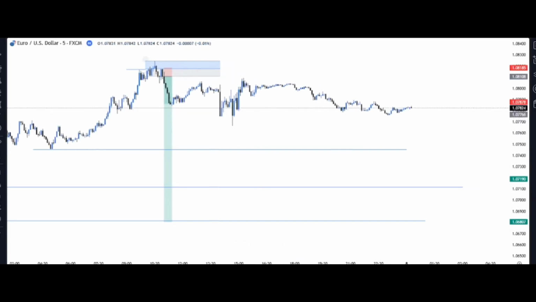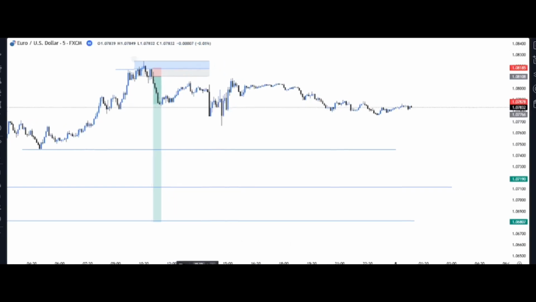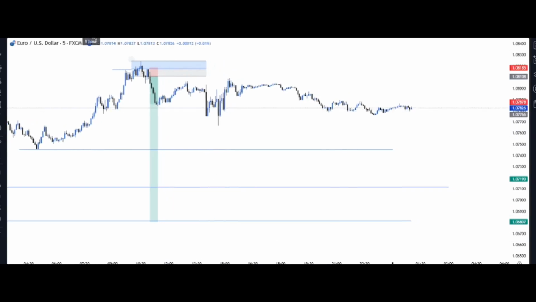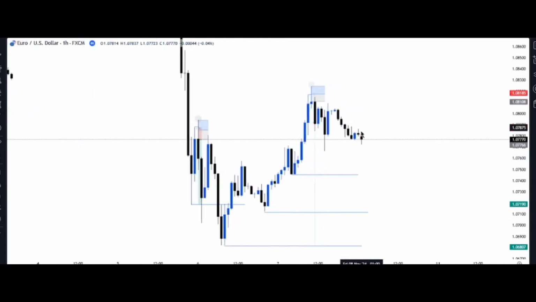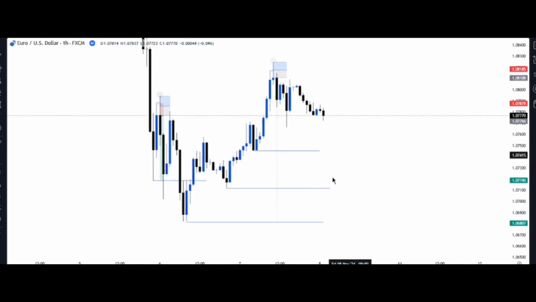Now, I want to go to the 1H to make it faster because of our time. So let's see what is going to happen on the 1H. Remember, here is our trade on the 1H. This is the first zone, second zone, and the third zone. So we want to play price from there. Let's see.